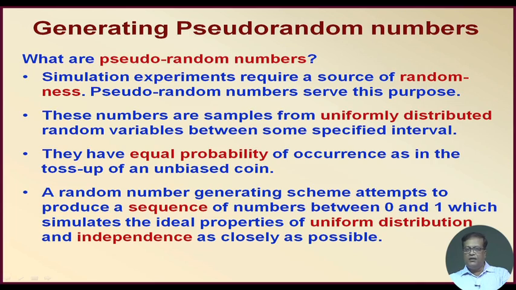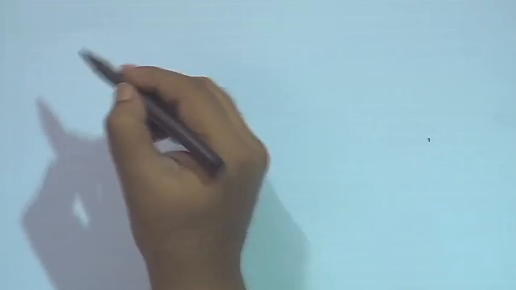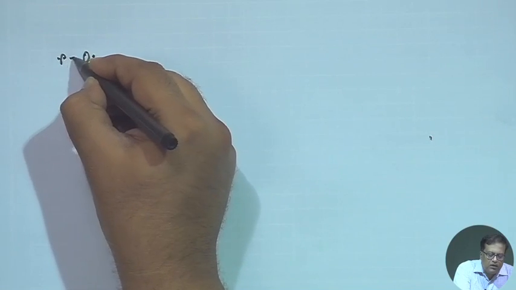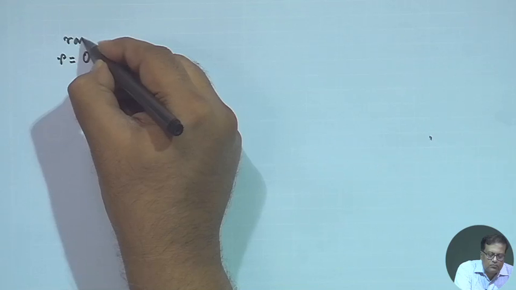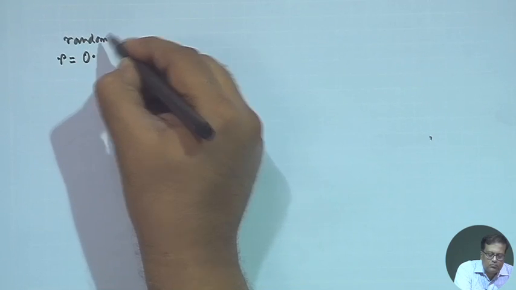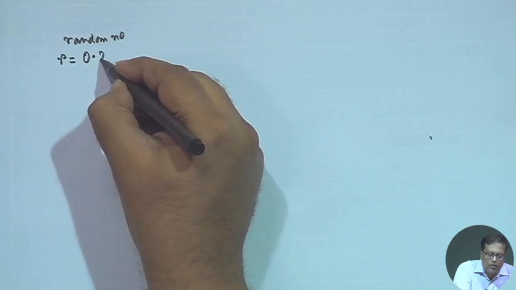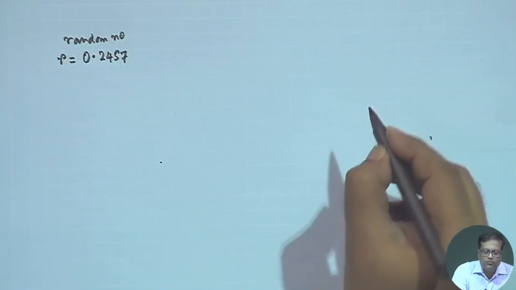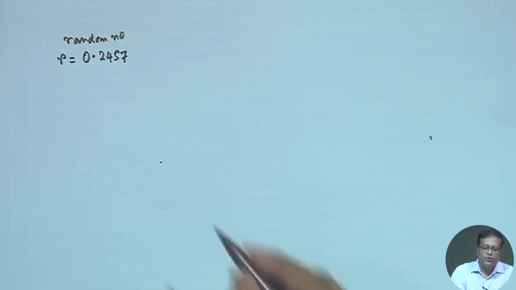So, when you generate a particular random number, let us write down a random number arbitrarily. Supposing we have random number R1 equal to 0.2457, right, 4 digit accuracy.